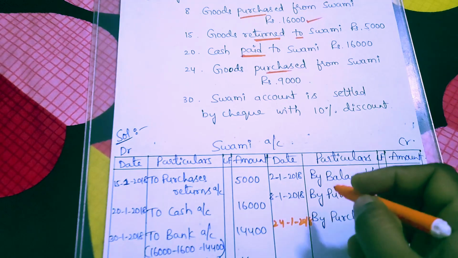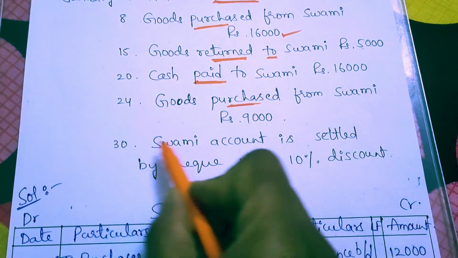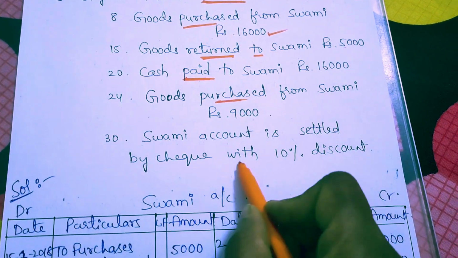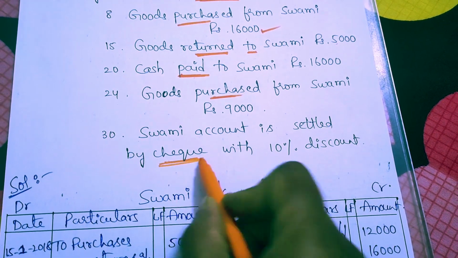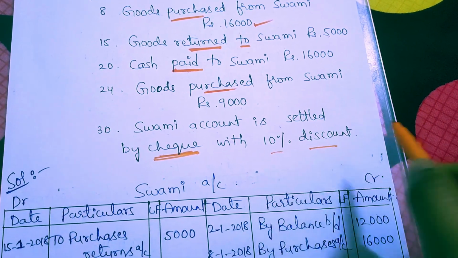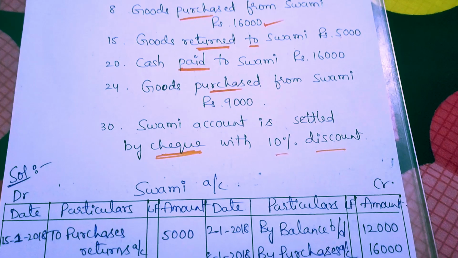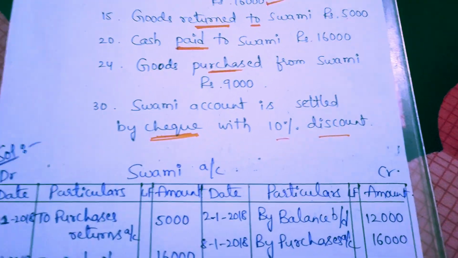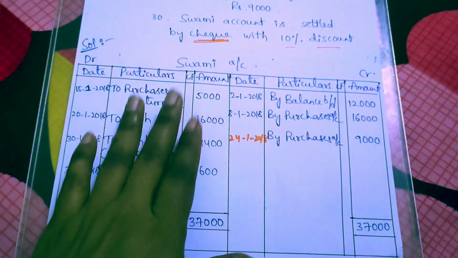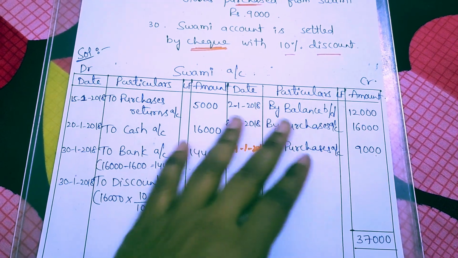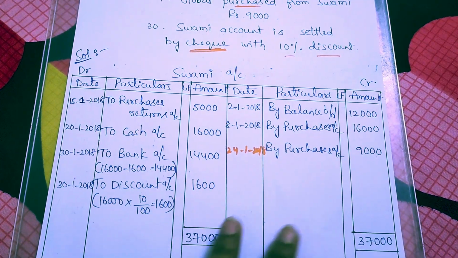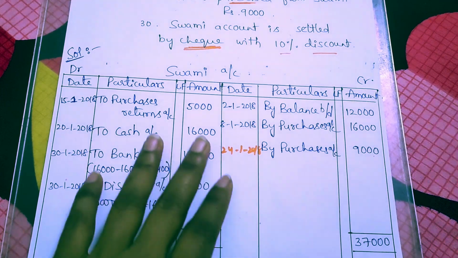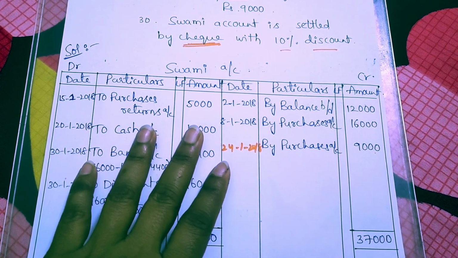And next. 30. Swami account is settled by check. So they are settling account by check with a 10% discount. So whenever account is settled, first of all we should see what are the amounts here, totals. So wherever the total is more, that will be recorded both the sides. Less side we should record regarding settlement.